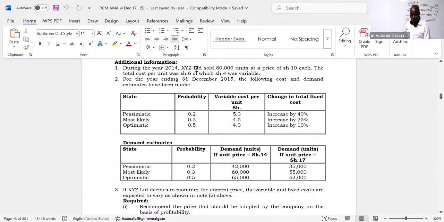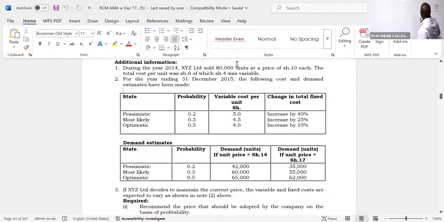Look at this. During the year 2014, XYZ Limited sold 80,000 units at a price of 10 each. The total cost per unit is 6. Within total cost, what do we have? Fixed cost and variable cost. In this case, total cost is 6, of which 4 is variable.